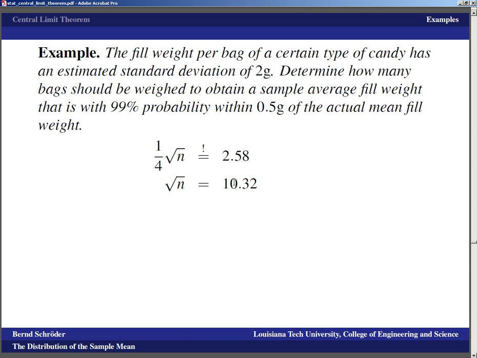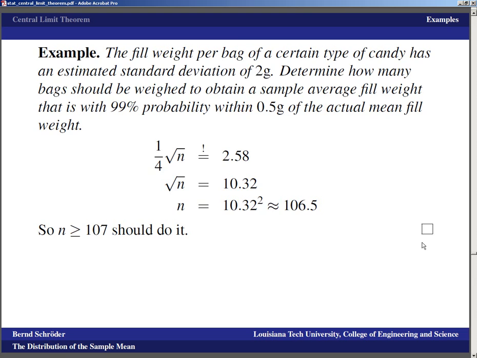Because 4 times 2.5 is 10, and 4 times 0.08 is 0.32, all right? And now n would be 10.32 squared, which is approximately 106.5, and so that means n greater or equal to 107 should do it. We always realize that these are lower bounds, so even if this had been 106.1, we round up. And well, that is it already here.